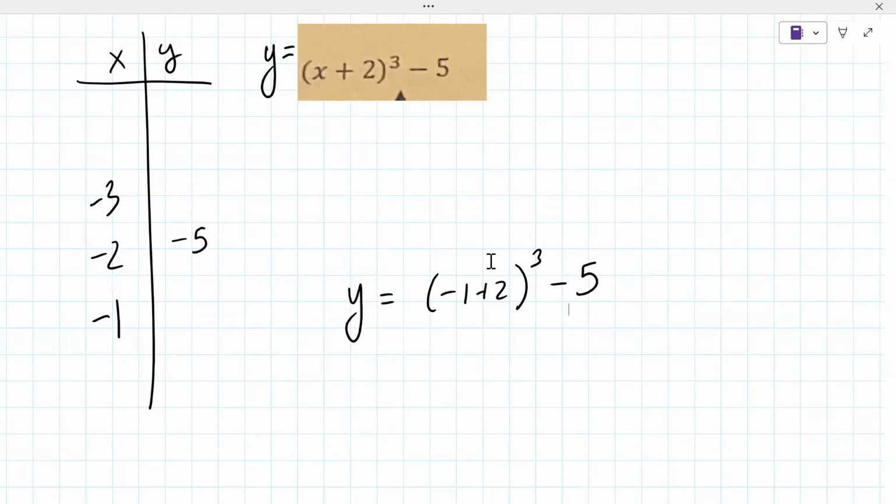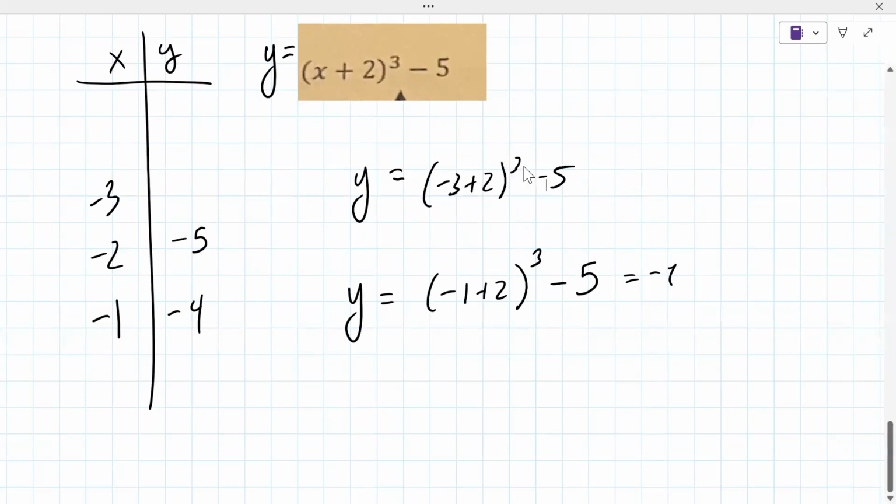Is it -4? It is -4, yes. And like I said, unfortunately, you don't get the symmetry benefit here. So when you do (-3 plus 2) cubed minus 5, it ends up being -1 cubed, which is -1, minus 5 equals -6, like that.